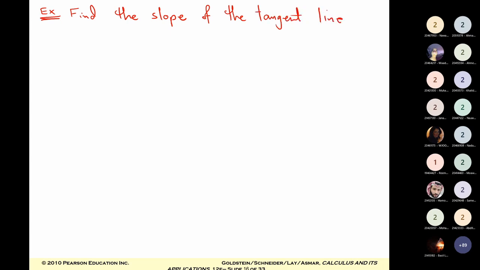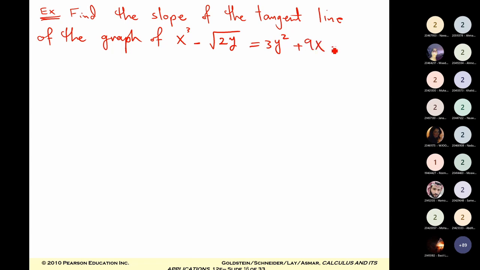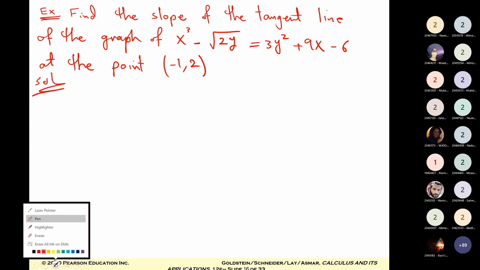Just we need to find the slope, not the equation, of the tangent line of the graph of x to the power 3 minus radical 2y equal 3y square plus 9x minus 6 at the point -1 and 2. The solution, just we need to find the slope.